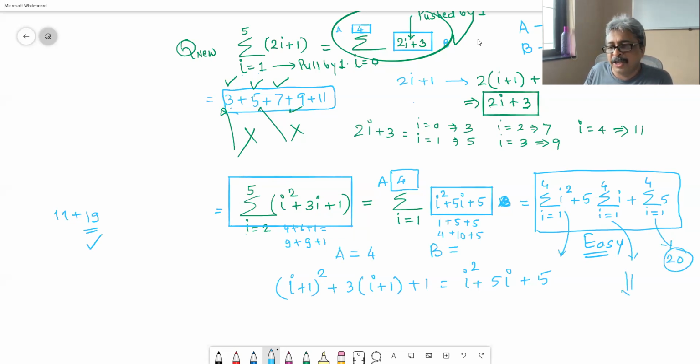So we will get the numerical answer very quickly here, because these numbers are small. And it is good if we can really find out the numerical answer this way, 11 plus 19 plus something. If we find it this way, they both will match. That is what is going to happen.